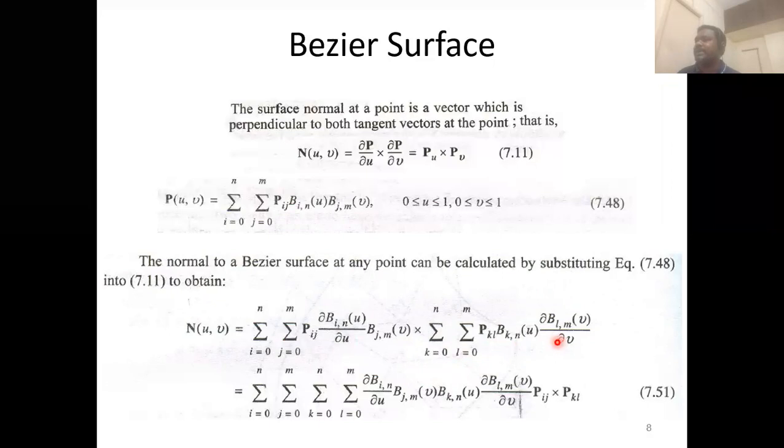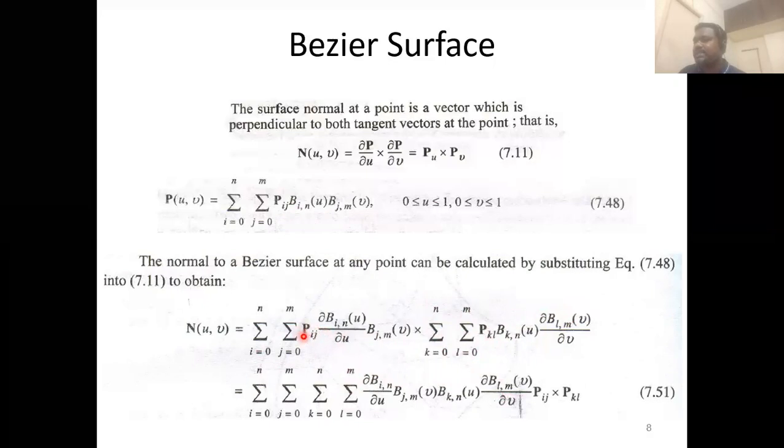For the sake of better understanding, in order to avoid ambiguity, two more variables are given here: k is equal to 0 to n, l is equal to 0 to m. It is the same as i and j, only for indexing purposes, two more variables are used. Now if you take the terms out, what happens? It can be combined like this.